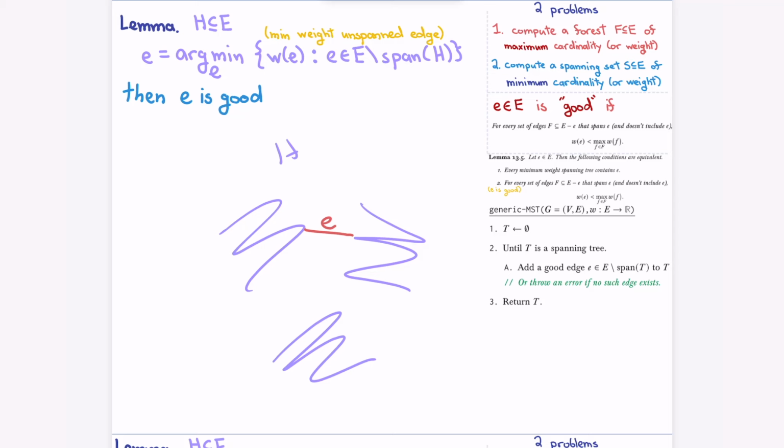Ideas? Does that just follow from the definition of good? I mean, it's going to follow from the definition of good. Maybe I'll let you guys fill in the just part. Wait, spans H?